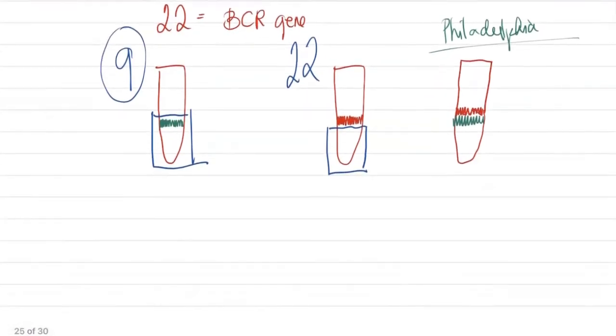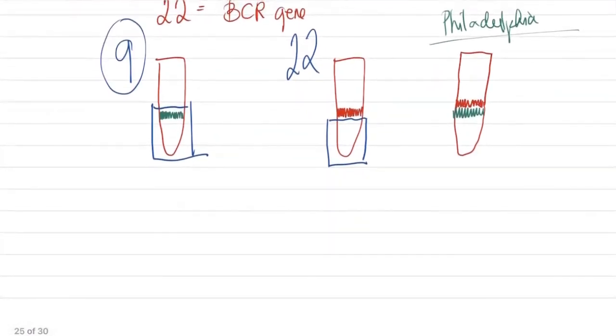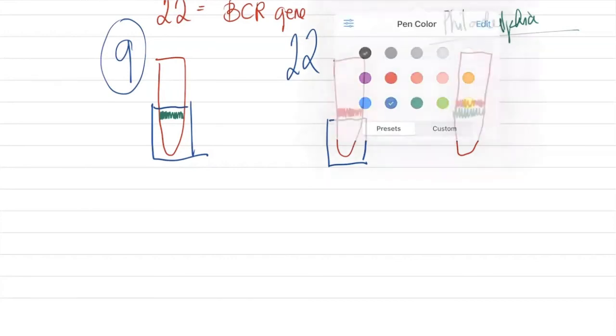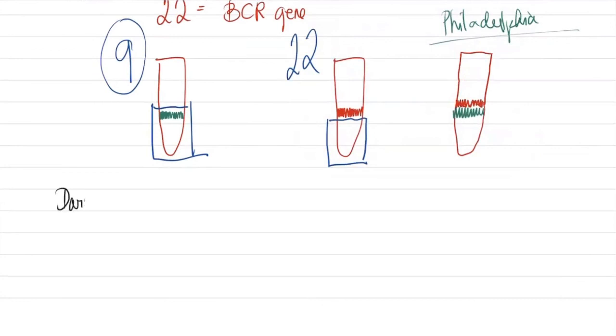Okay, so itong si CML also, meron din siyang mga stages. Meron tayong tinatawag na dormant stage, accelerated, and we have the blast crisis.